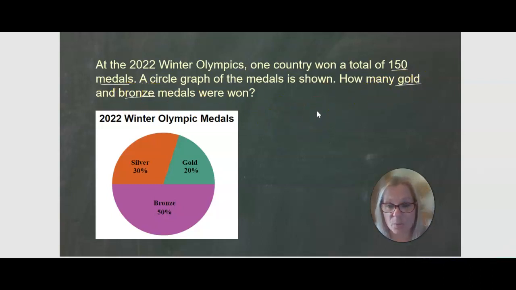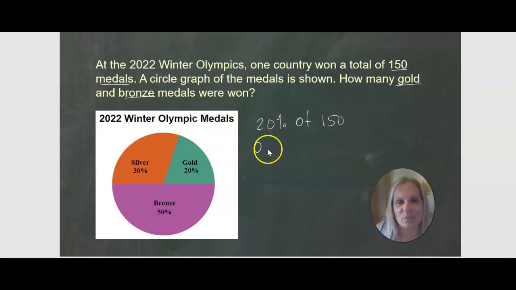So let's start with gold. The gold medals that were won were 20% of 150. So how do we find a percent of a number? Same thing, right? Convert to a decimal and multiply. So 0.2 times 150, 30.